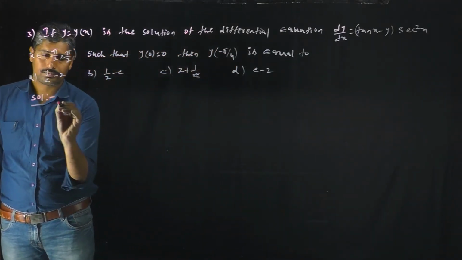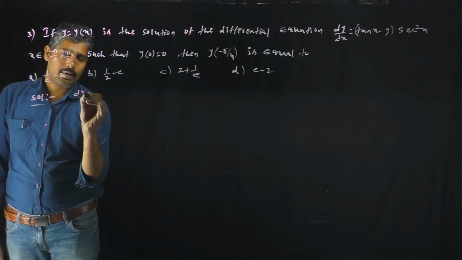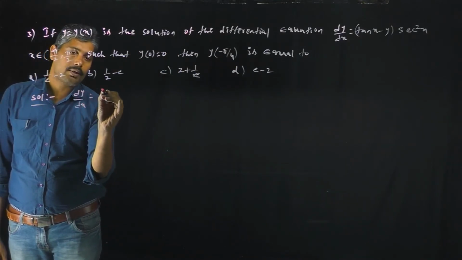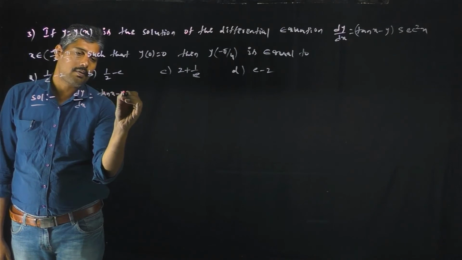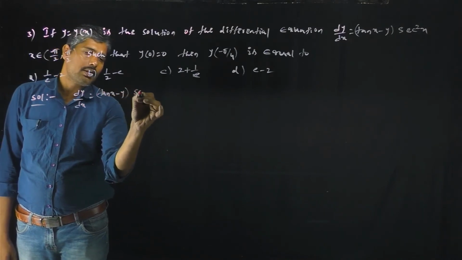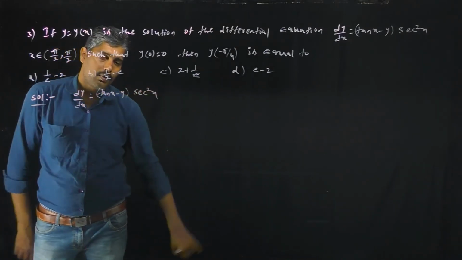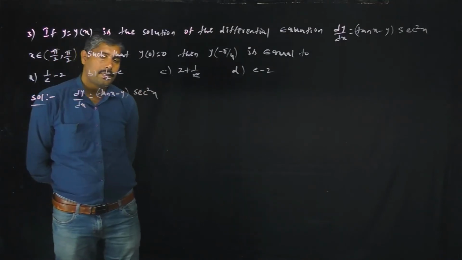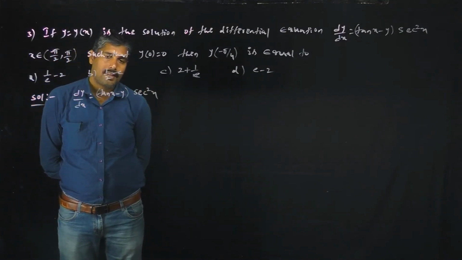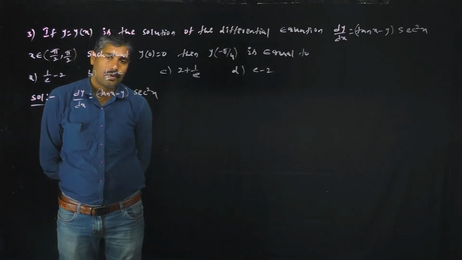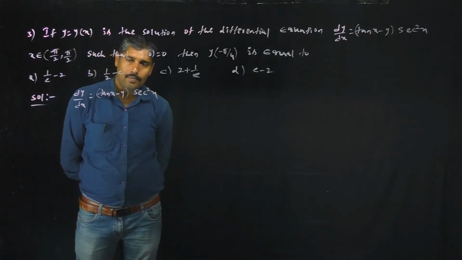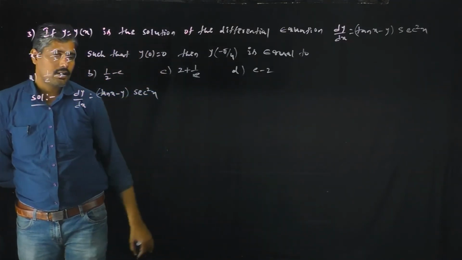Solution. dy by dx equals tan x minus y into secant squared x. Can we separate x terms and y terms? That is not possible. Is this homogeneous? No. Check whether this is linear or not.